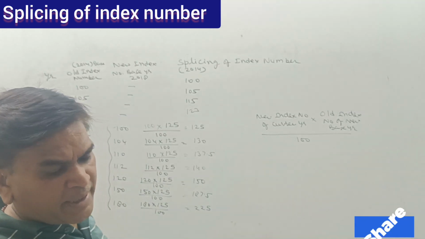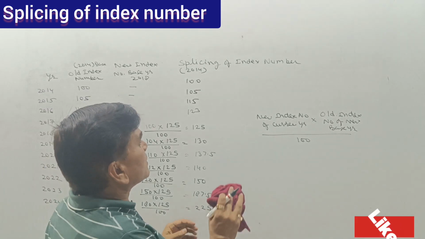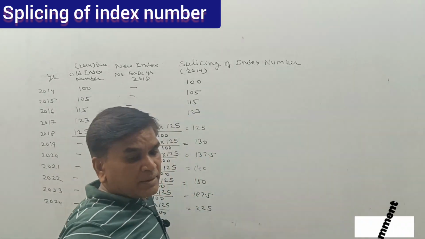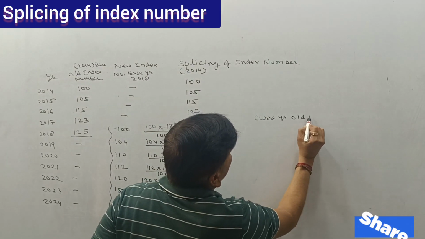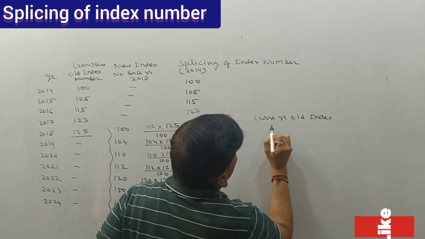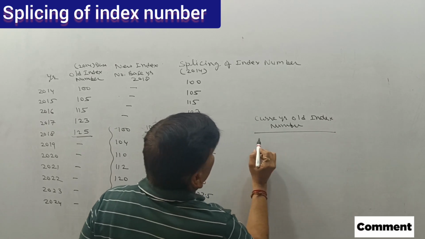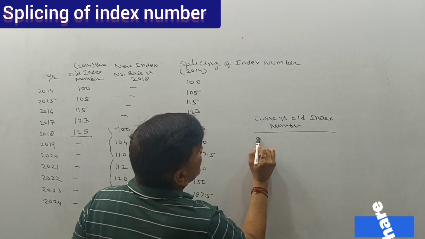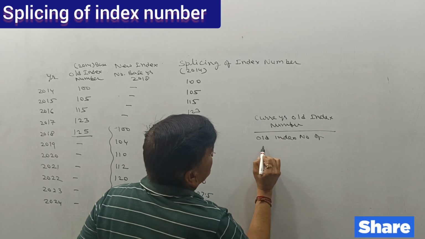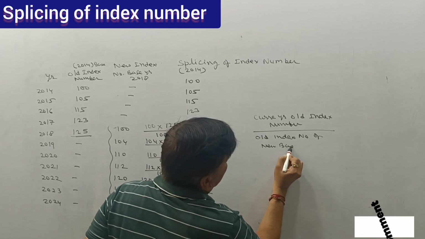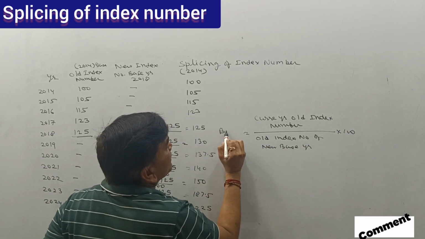Firstly we will learn the current simplifying formula: current year old index number divided by old index number of new base year multiply by 100. This is called backward simplifying.